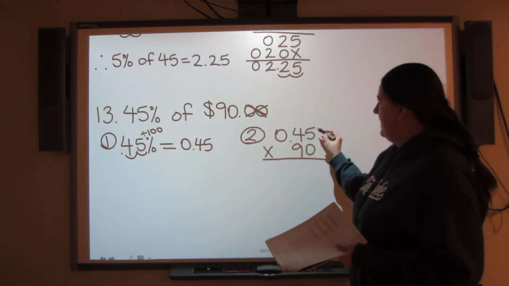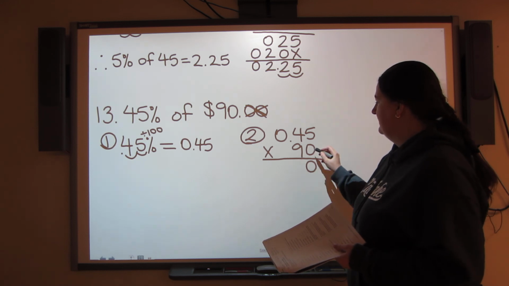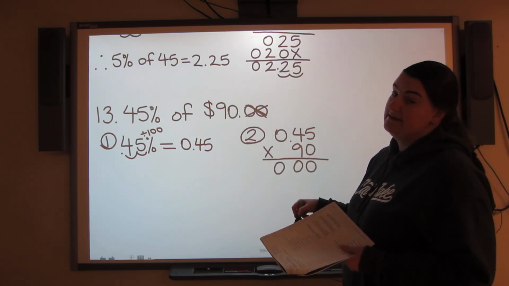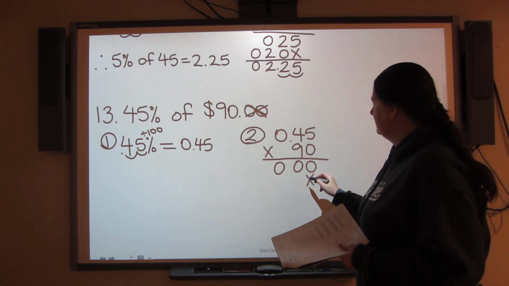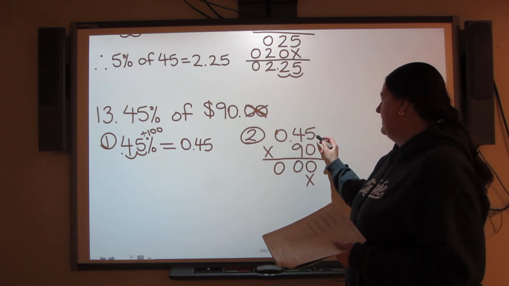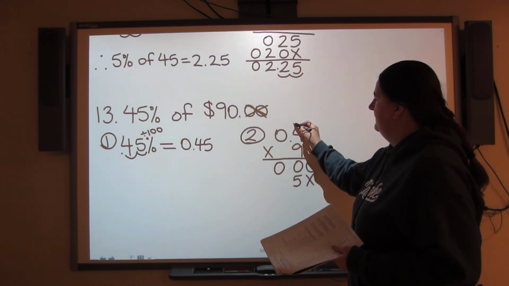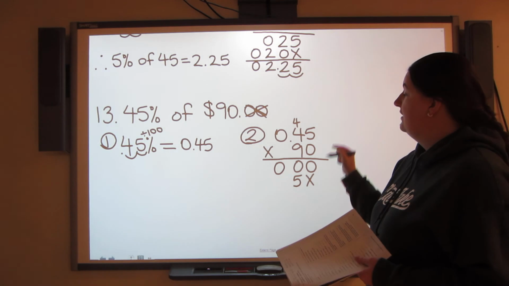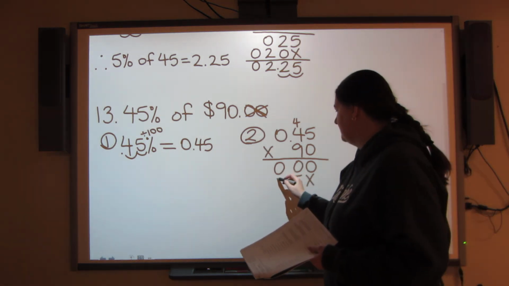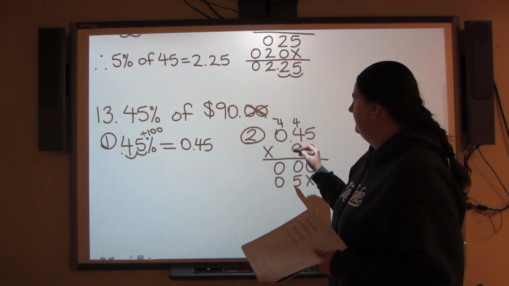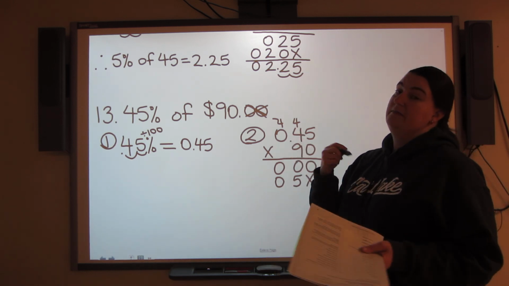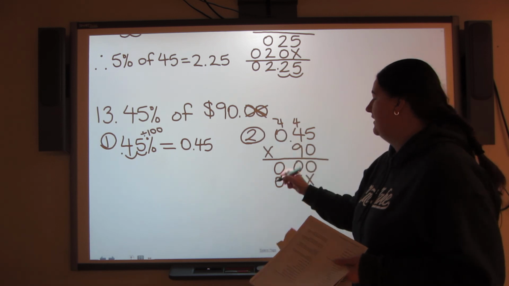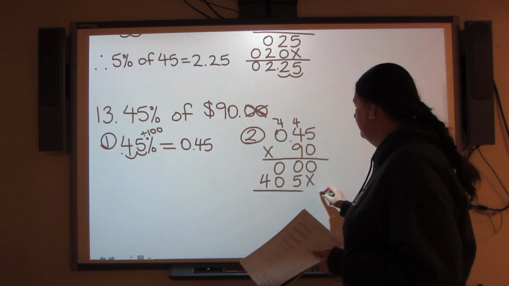0 times 5 is 0. 0 times 4 is 0. And 0 times 0 is 0. Put your x, move to your 9. 9 times 5 is 45. Carry your 4. 9 times 4 is 36, plus the 4 is 40, carry your 4. 9 times 0 is 0, plus the 4 is 4.